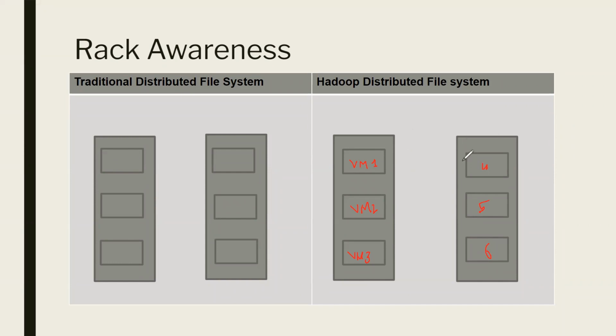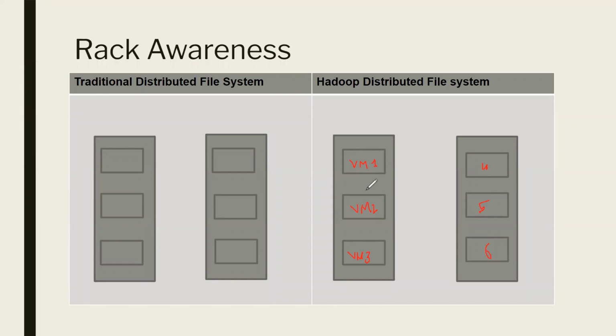This can be one subnet, one single network, and this can be another single network, and now you have to transfer from network 1 to network 2. Let's say VNet1 to VNet2. So if you need to send data across racks, that will be slower. But if you have to send data within the rack, across the VMs, that will be faster. Make sense? And we know the reason why also.